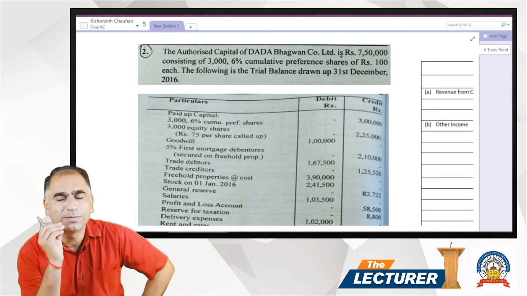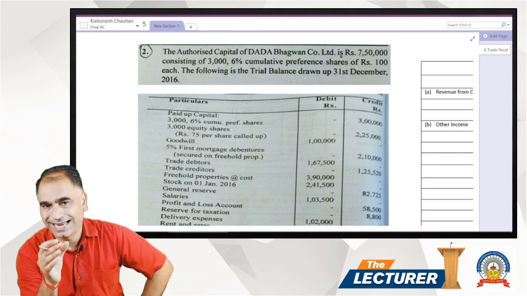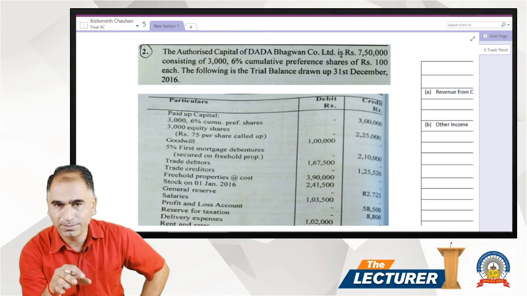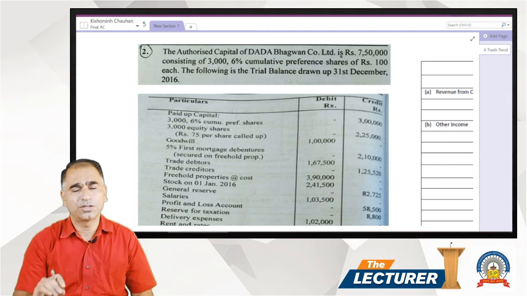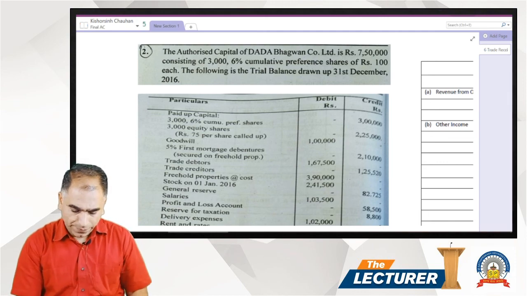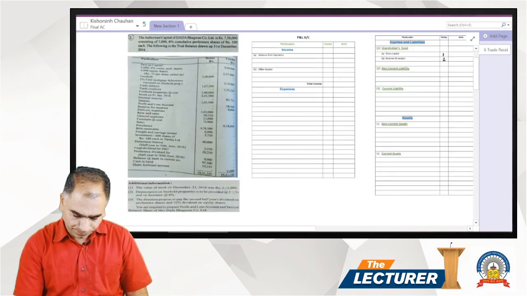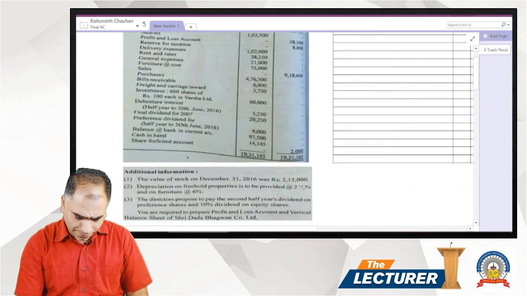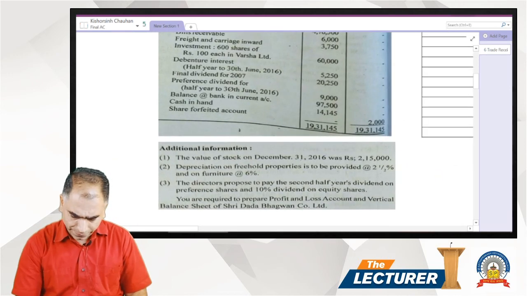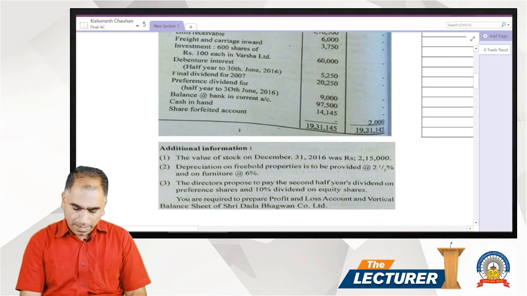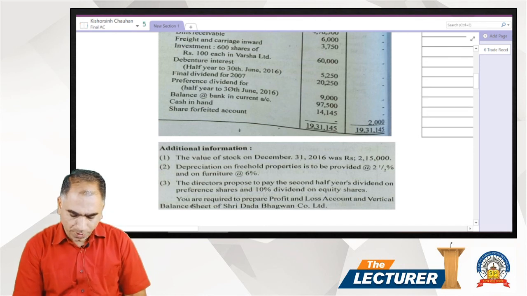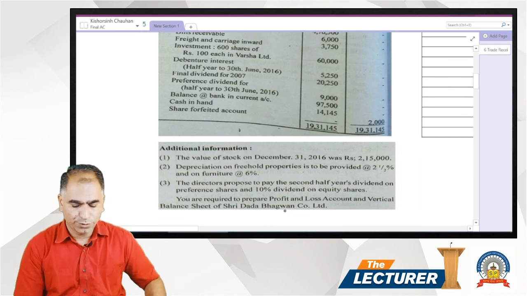What is the use of the authorized share capital? As such, it's not required in the accounting, but it is disclosed in the share capital. We have been given the trial balance, and after the trial balance some additional information is provided. And last, you are required to prepare the P&L account and vertical balance sheet of Dada Bhagwan. Now, what you have to do?